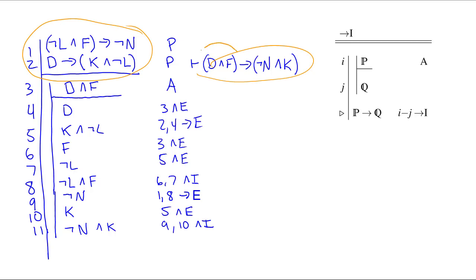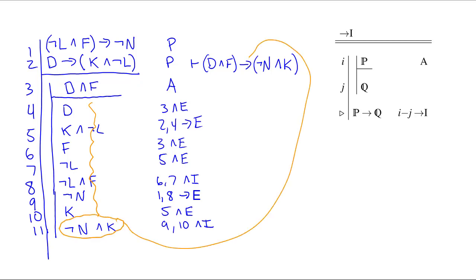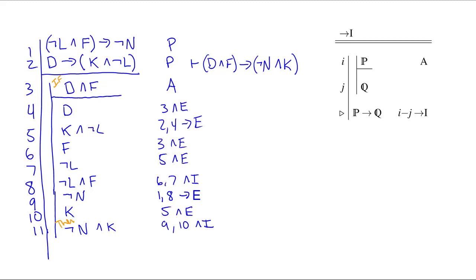But because our goal was a conditional and its antecedent was D and F, we did an auxiliary assumption of D and F. That allowed us to start some work with lines 1 and 2. And eventually we got our way down to not N and K, and notice that that is the consequent we were shooting for. So we've done our process of saying if D and F, then not N and K. So we can produce the corresponding conditional that this subderivation proves.